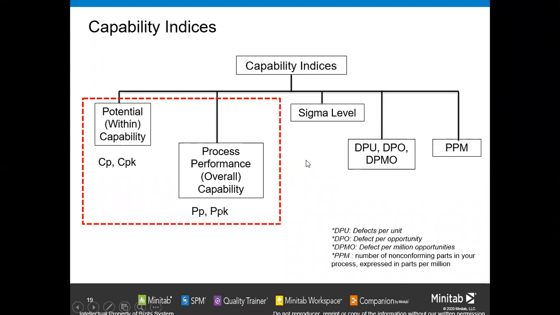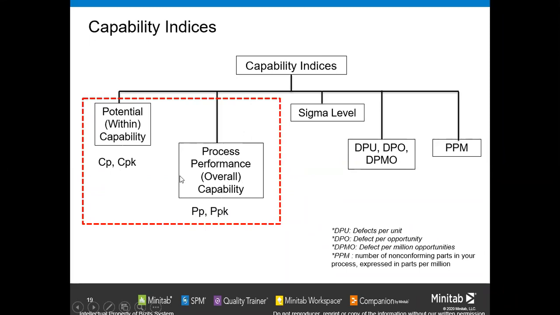But today I will focus on these indices only: the potential within capability, which is CP and CPK, and the process performance overall capability, which is PP and PPK. CP goes for the short term, and PPK goes for the long term.